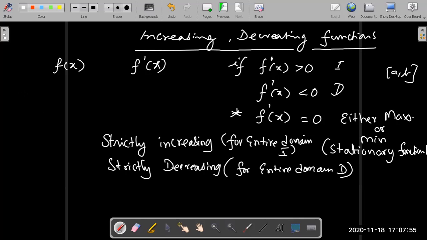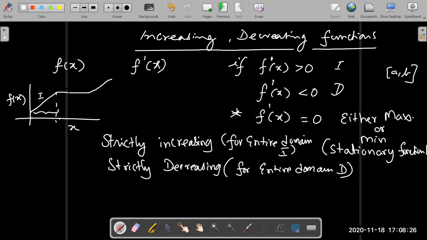Let's suppose, don't get confused on the graphs, this is only for understanding. For example, I have drawn f of x like this. This is x. Here f dash x is nothing but the slope. From x here to here, it's increasing.